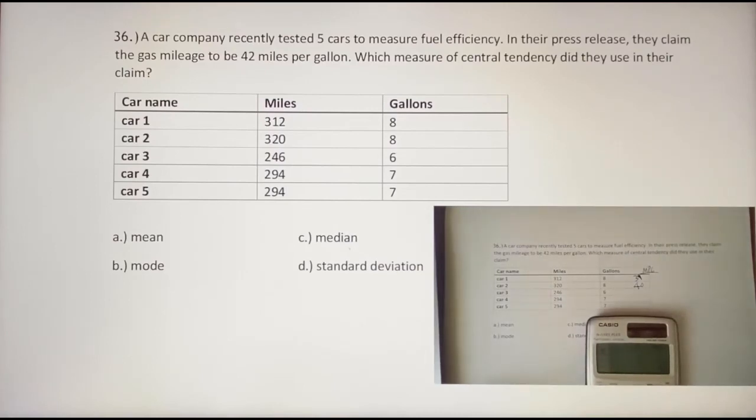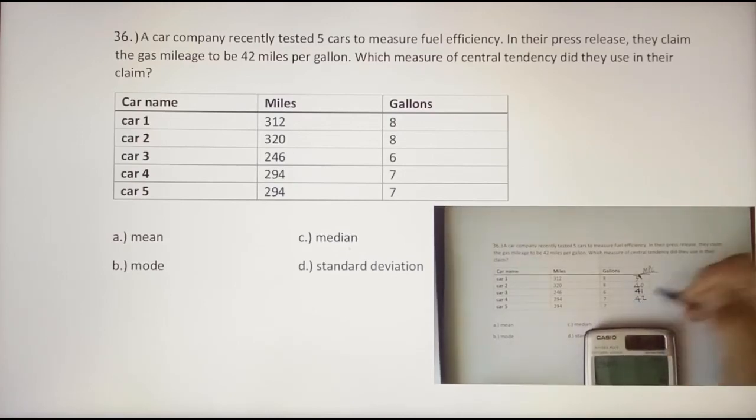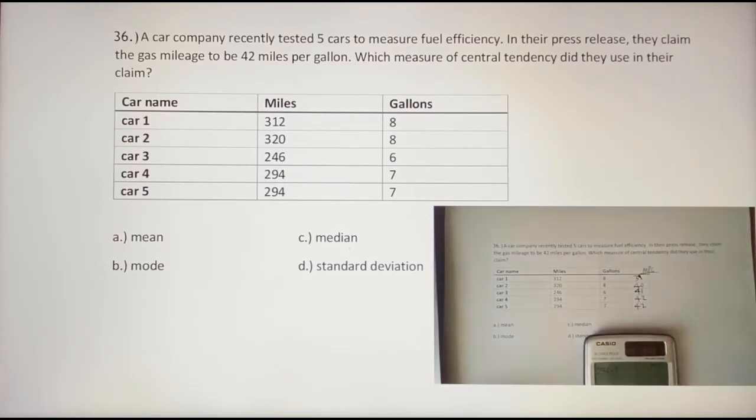And the next one, 246 divided by 6, is 41. The next one is 294 divided by 7, which is 42. And the last one again is 294 divided by 7, so we don't even have to do the math on that one, we know what it is.